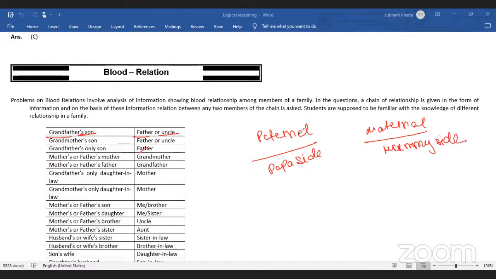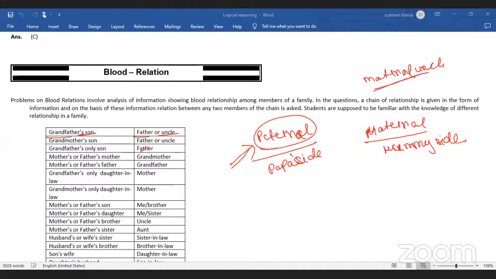Now, please pay attention. This is a very important thing. Normally, when they want to refer to the paternal side, papa's side, they don't use the word paternal. But if they want to refer to the maternal side, they do use the word maternal. He is my maternal uncle.